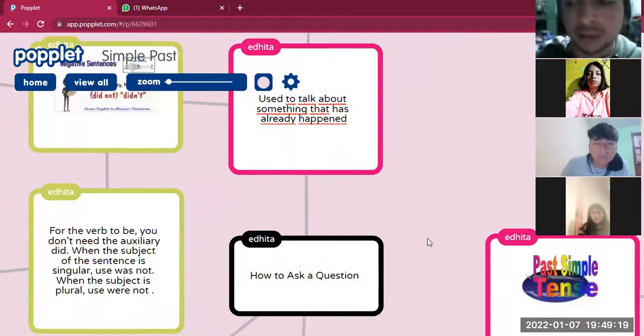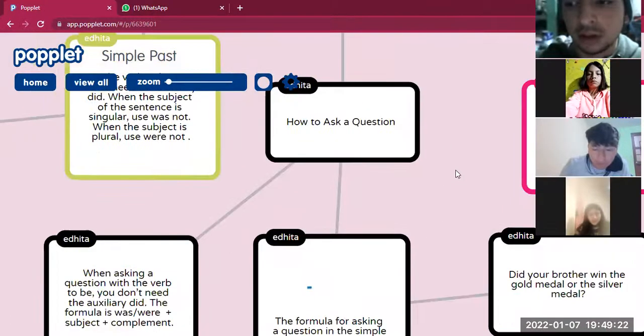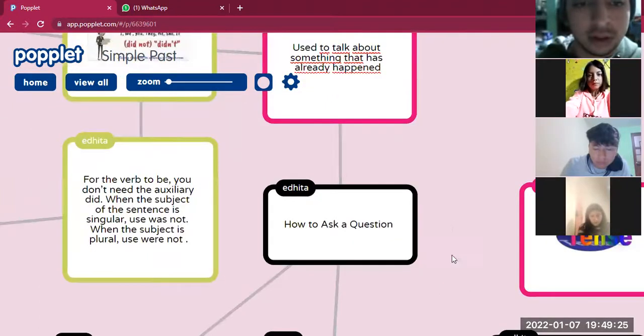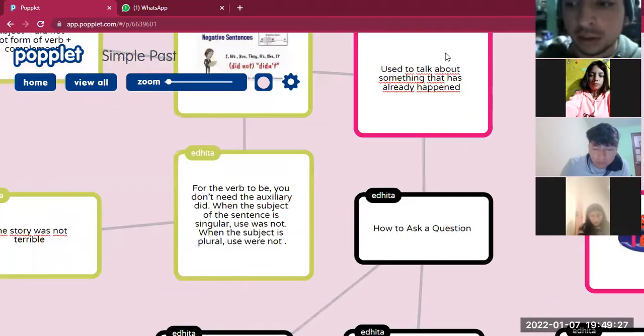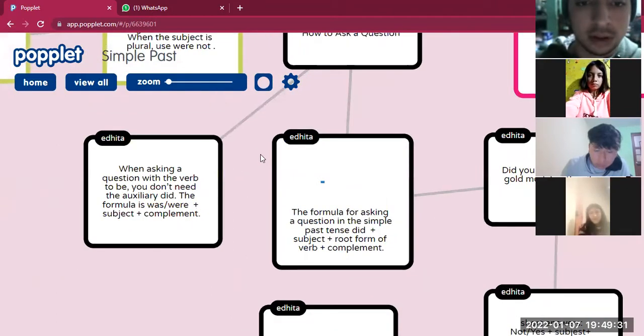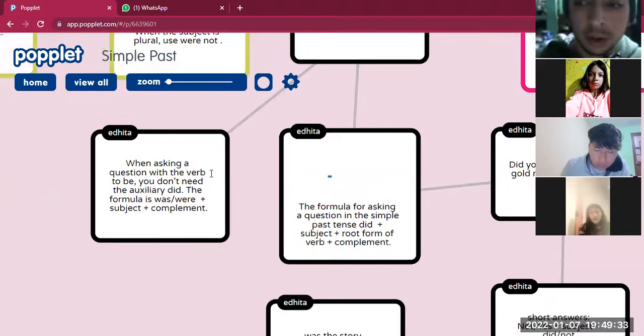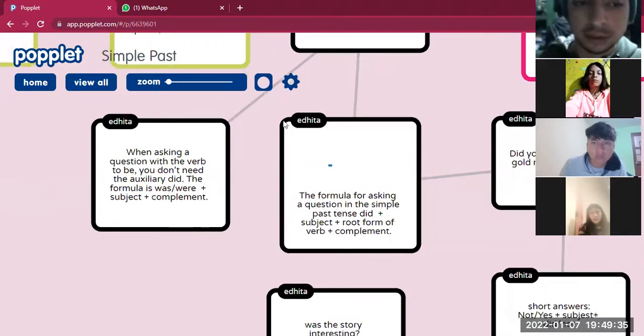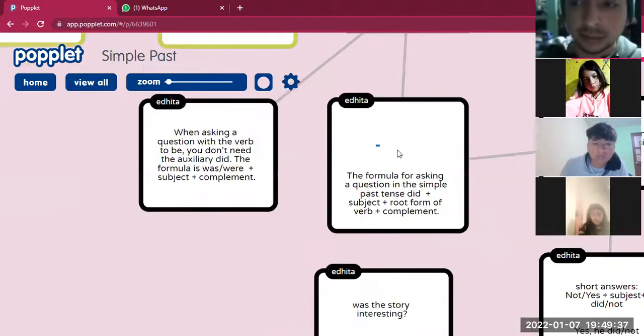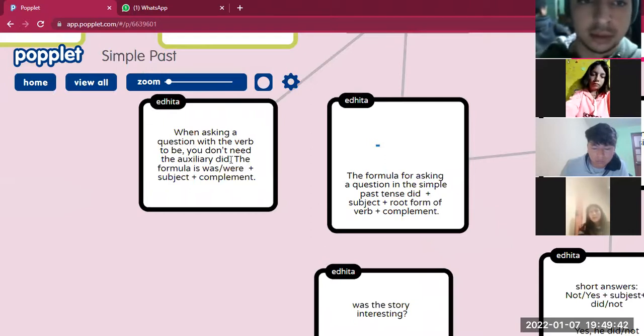Let's continue. Now, how to ask a question using the simple past. In the same way, we have the grammatical rule. When asking a question with a verb to be, you don't need the auxiliary did.